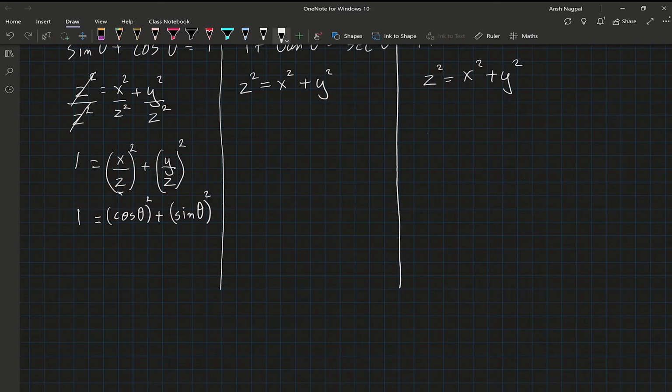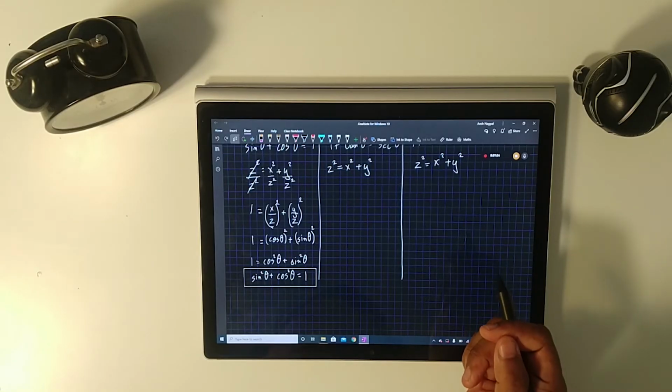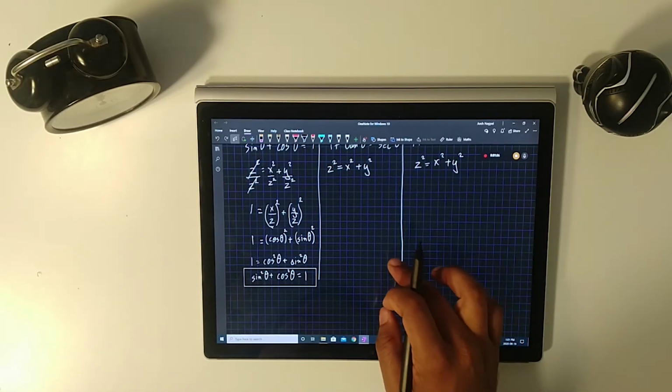And now I can rewrite the equation as 1 equals cos square theta plus sine square theta, or sine square theta plus cos square theta equals 1. And this is our proof for the first equation.